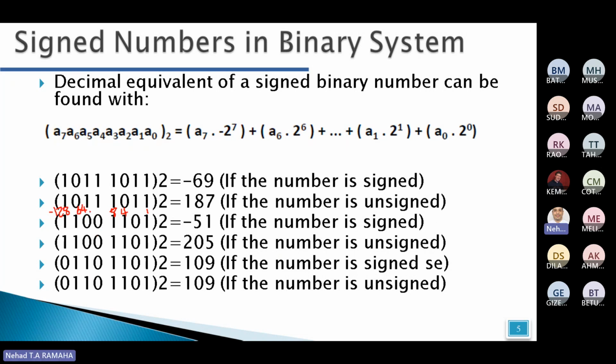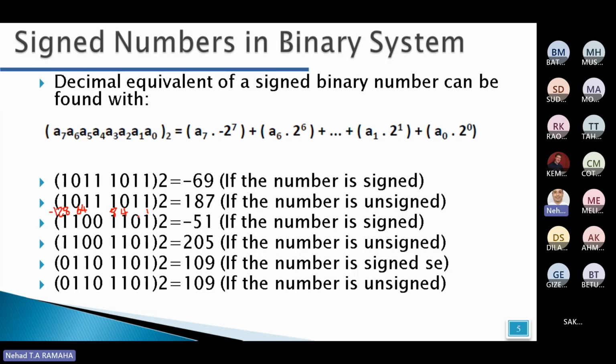So 64 plus 13, which is 77, because here 72, 76, 77. So if you make minus, it's minus 51. If it's unsigned, instead of this minus, it will be plus. So that's all about signed or unsigned binary numbers.